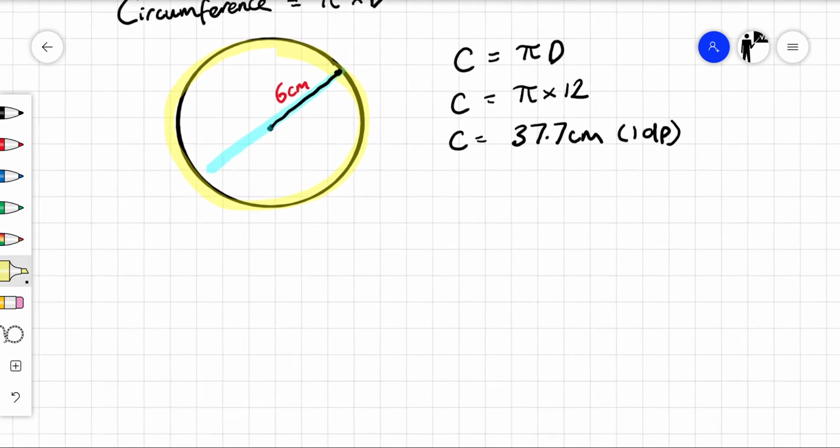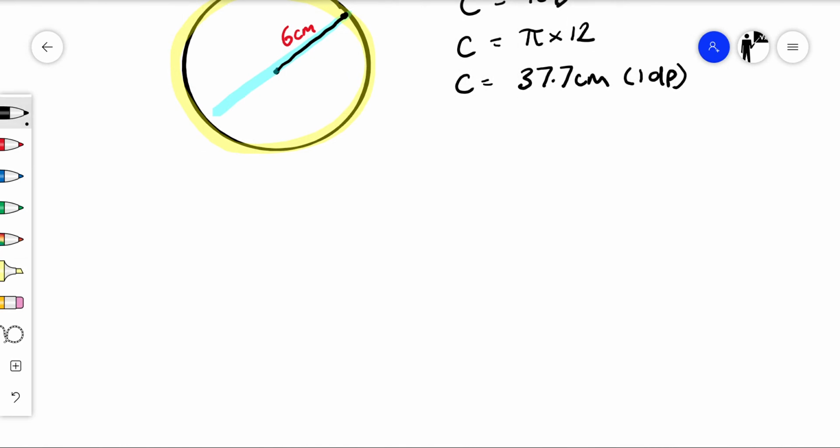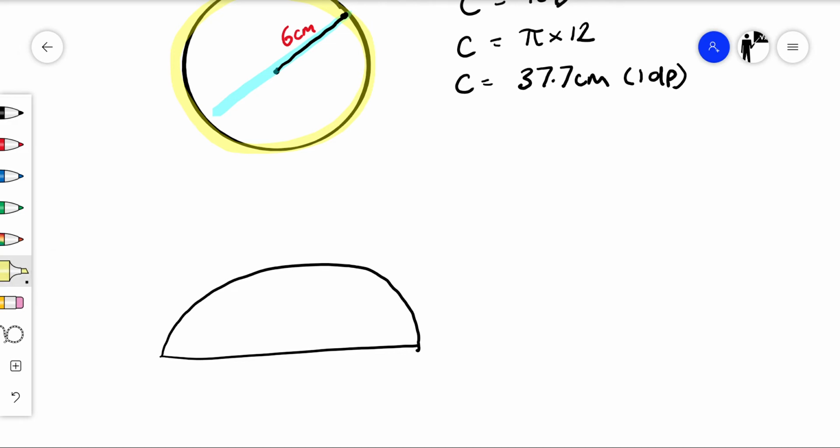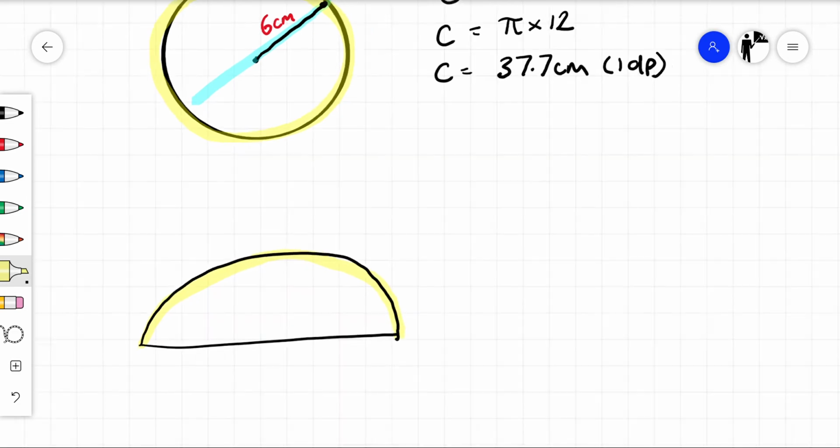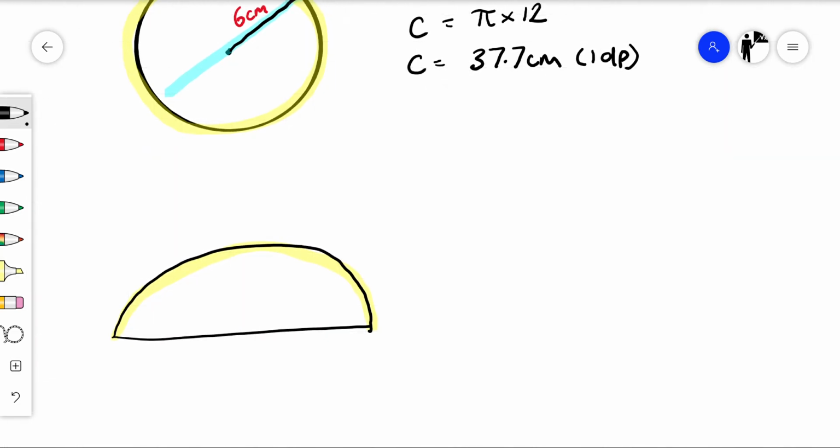Let's look at a semicircle. What would happen with a semicircle? Let's imagine we wanted to work out this length here. Let's say that from here to here is 7 centimetres.